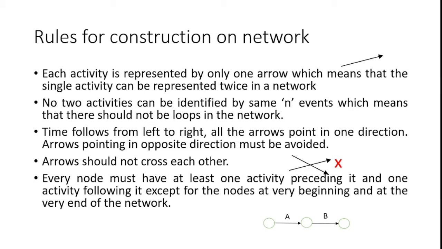Likewise, we can frame the nodes. The starting node has no predecessor, and after the last activity B there is no successor, which is the common rule available for network framing.